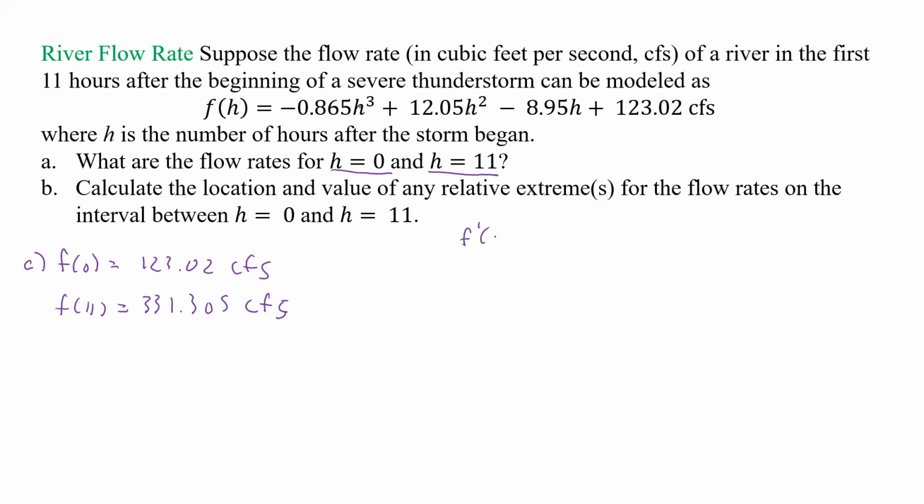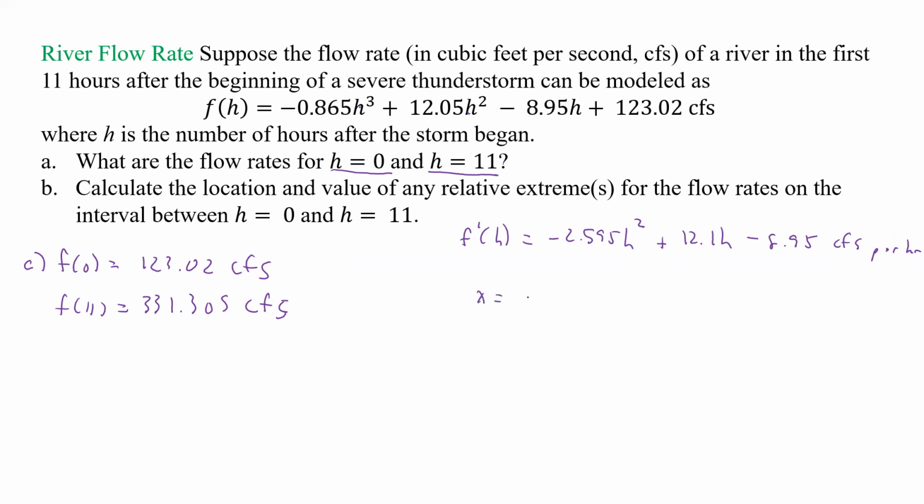So f prime of h is equal to, now 0.865 times 3, so that's negative 2.595 h squared, and then plus 12.1 h, and then minus 8.95, and this is CFS per hour, okay? And so now we have to solve this.